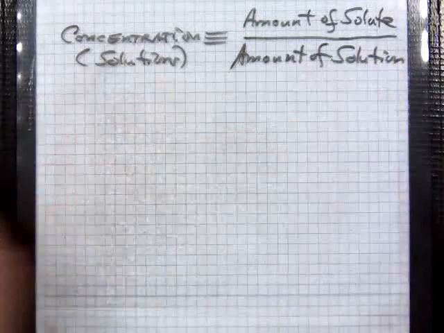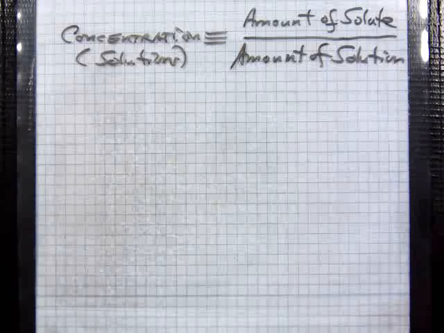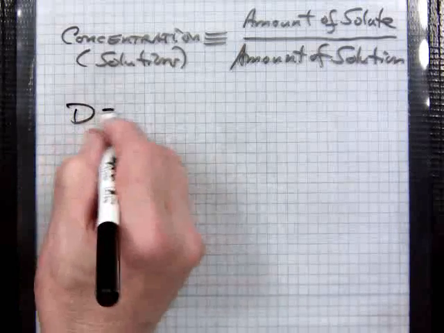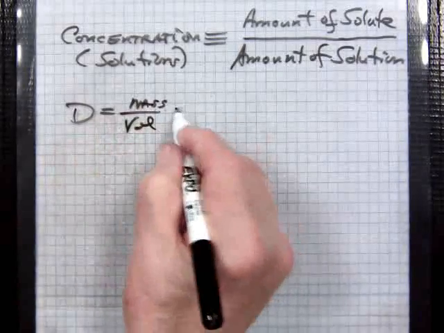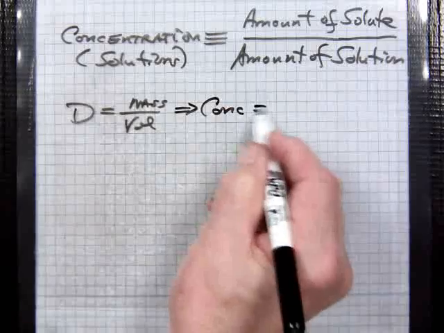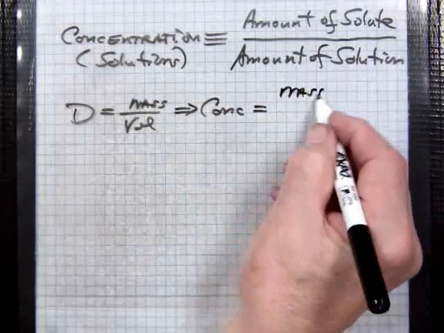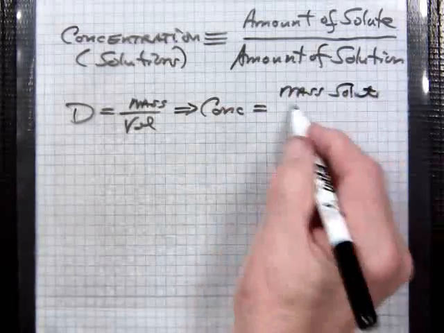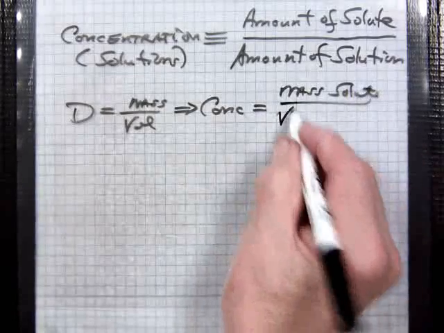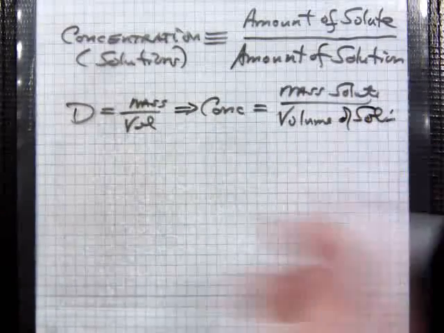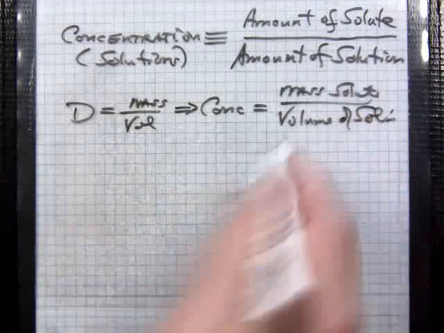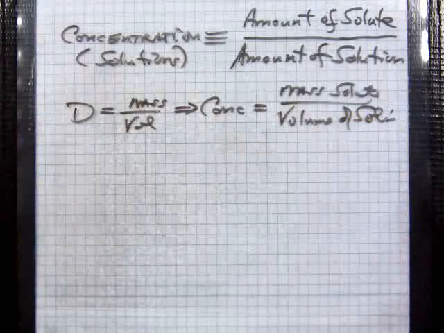If you recall, density is defined as D equals mass over volume, then we'll have concentration equal to mass of solute over volume of solution. Now, this is the mathematical way the distribution of the components are defined.